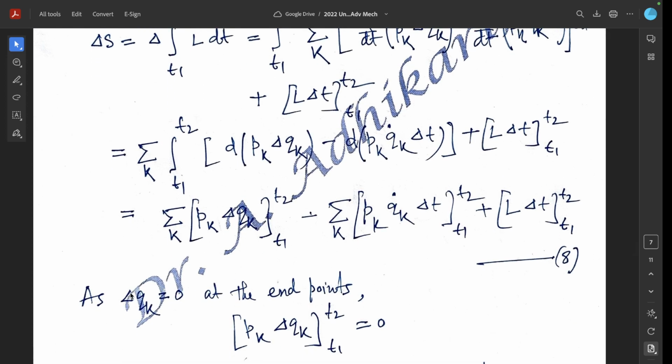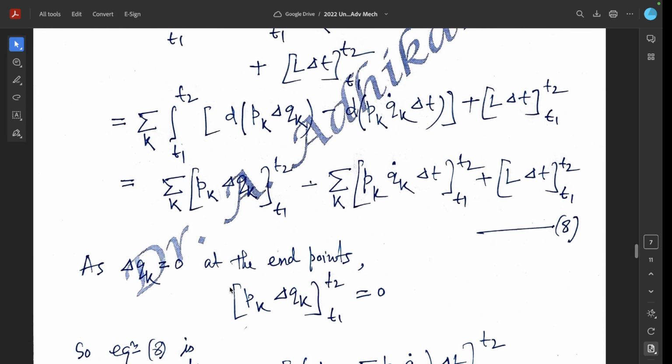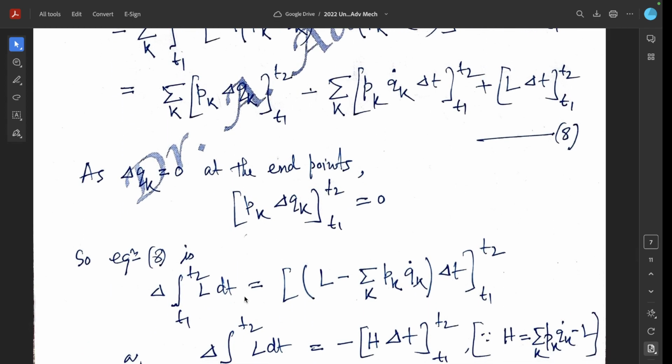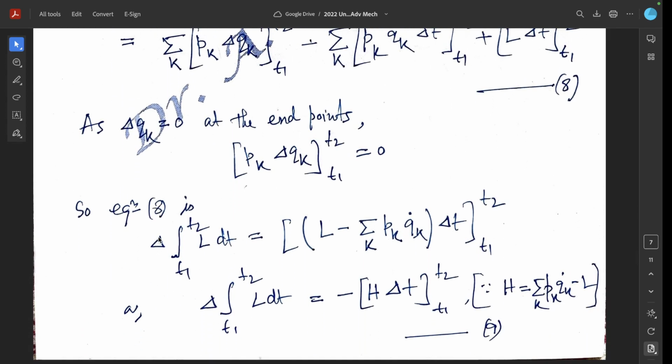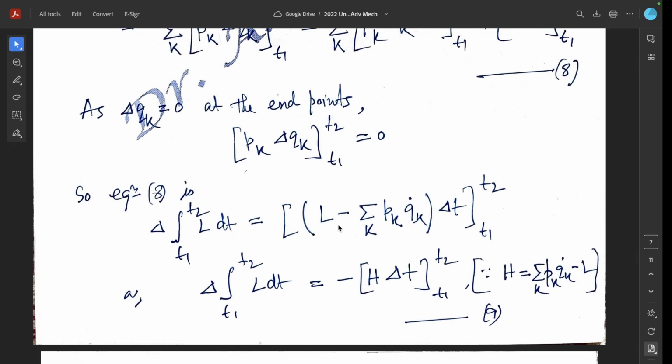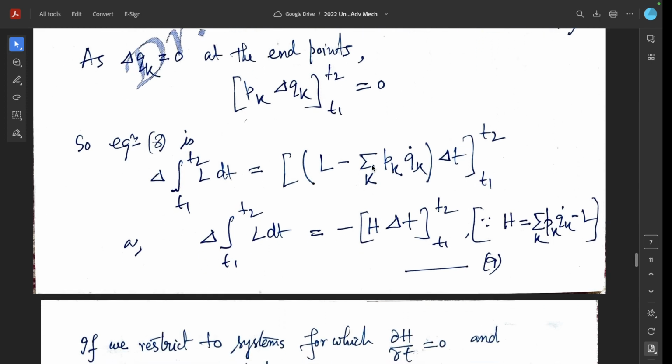As δq_k equals 0 at the endpoints, p_k δq_k between t1 and t2 equals 0. So equation 8 reduces to Δ∫ from t1 to t2 of L dt equal to [L minus Σ_k p_k q̇_k] Δt between t1 and t2, which is equal to [−H Δt] between t1 and t2, where H is the Hamiltonian.